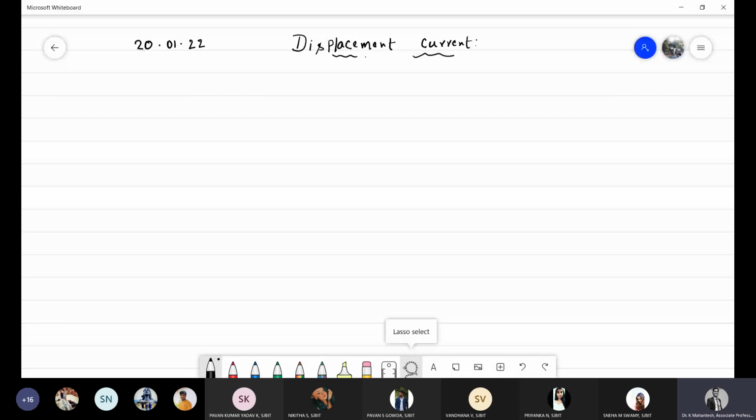Before I start displacement current, as per your syllabus, I just want to give you some basic introduction on displacement current. And we are talking about time varying electric fields and magnetic fields, right? Here in this module.